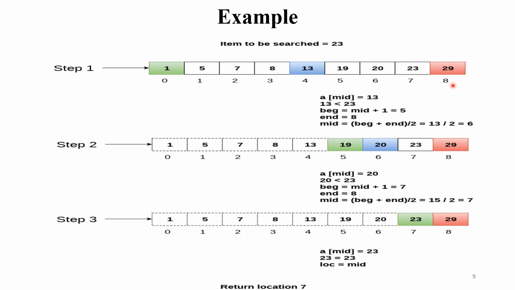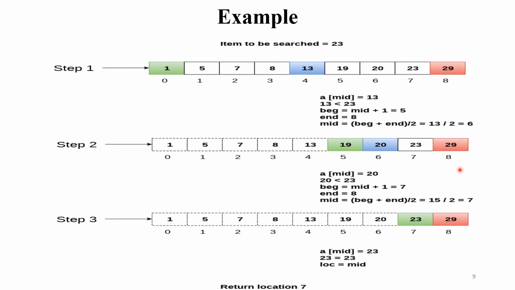For searching in the right side, we shift the beginning to the right side using beginning is equal to mid plus 1. Here mid is 4, so 4 plus 1 is 5. So in this second diagram, we shift our beginning: beginning is 5 and end is 8.